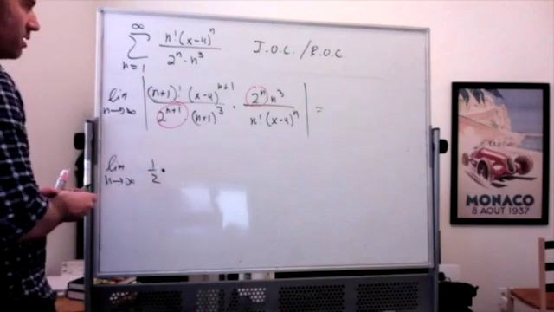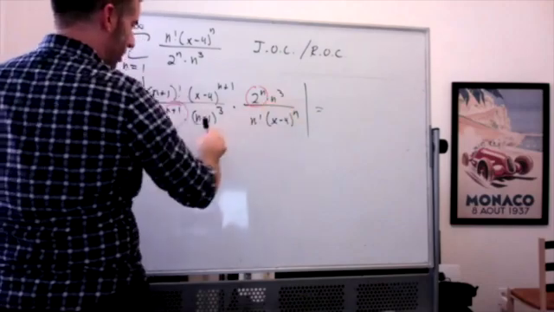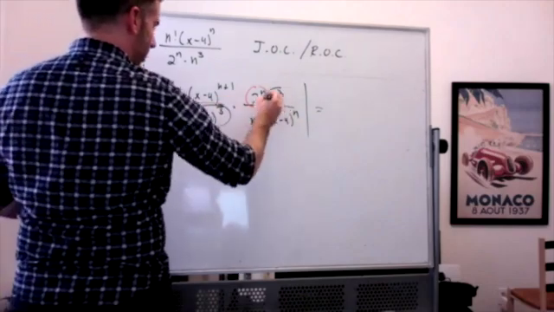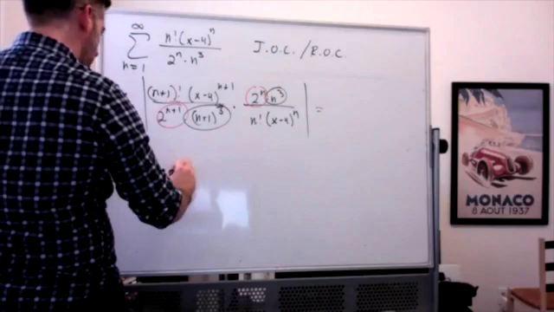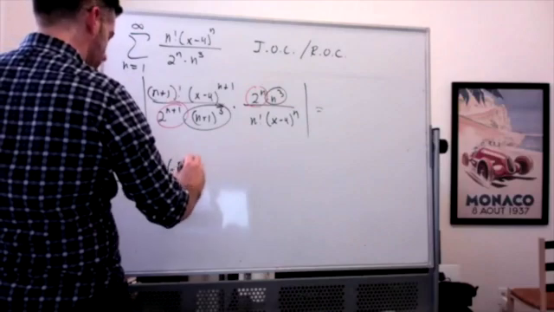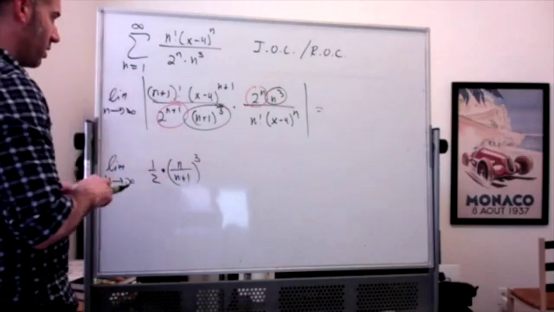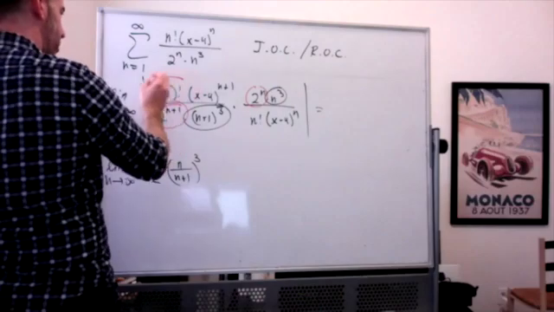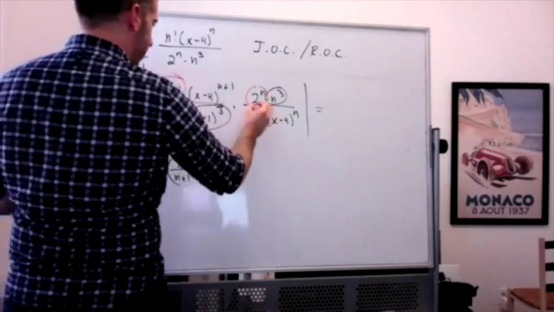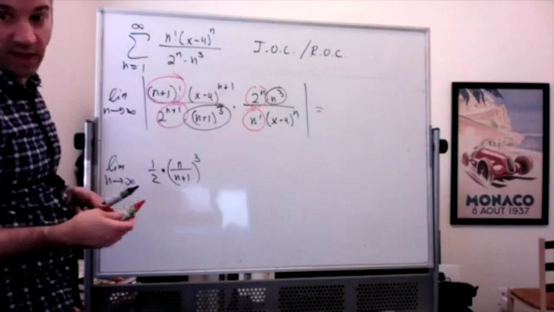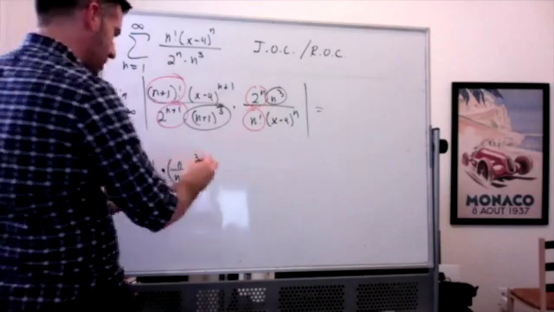We know that the n cubed over n plus 1 cubed, they're just going to go together. You can write it as n over n plus 1 cubed. We know that the n plus 1 factorial over n factorial is going to leave us with an n plus 1, which is kind of interesting.